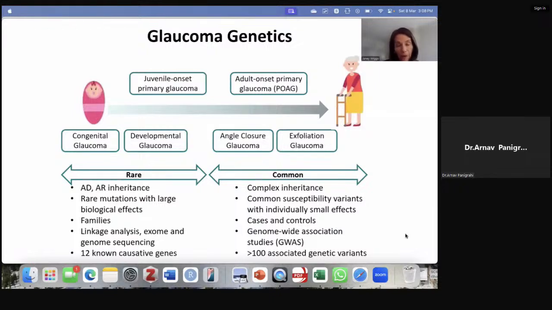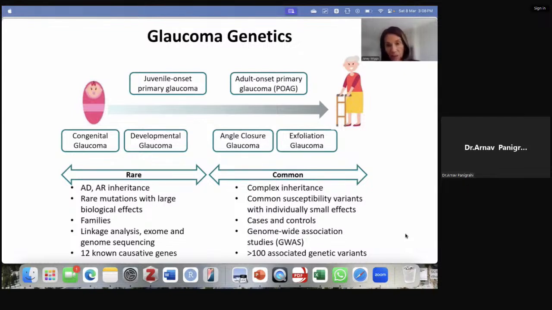They're caused by rare mutations in genes with large biological effects, and they tend to occur in families. Initially, we used these families for linkage studies to find these genes. Now we're using whole exome and whole genome sequencing to find genes in these families. Currently, there are 12 known genes that cause these conditions.